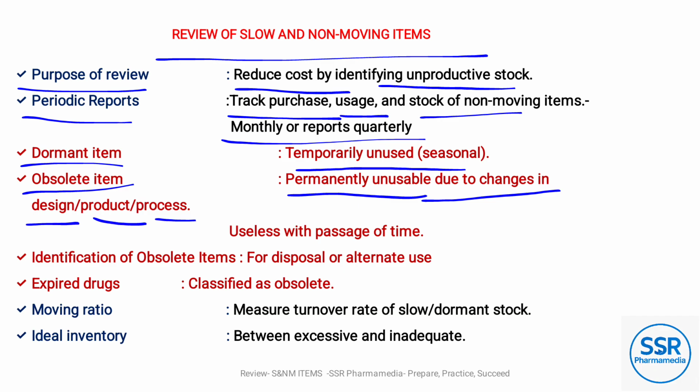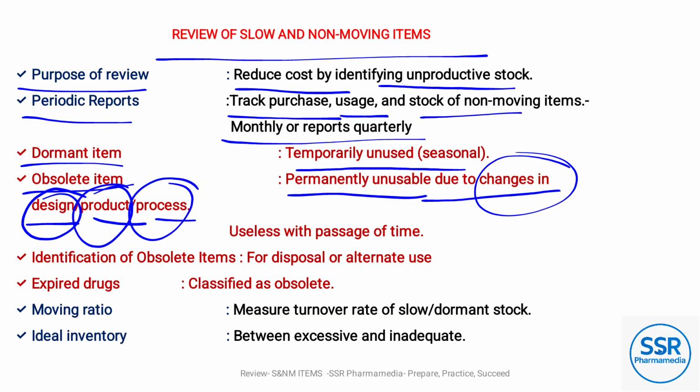Without selling, the drug stays for a long period, so it is called an obsolete item. Obsolete means changes in the design, product and process. This is very important; there are many questions asked using this word.